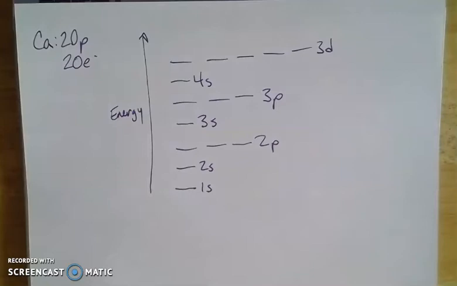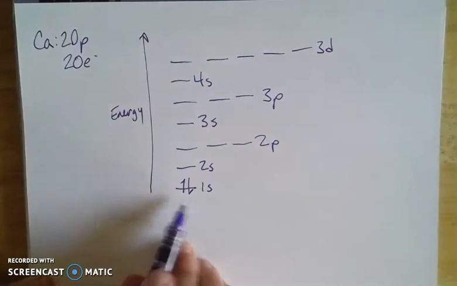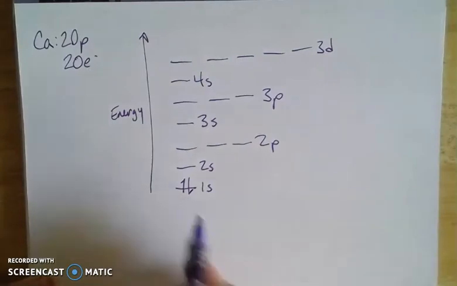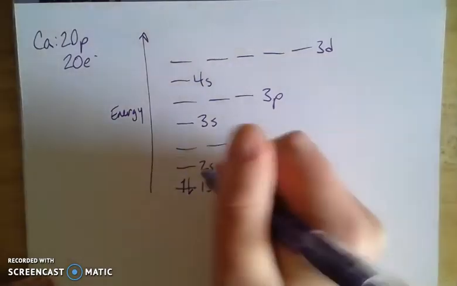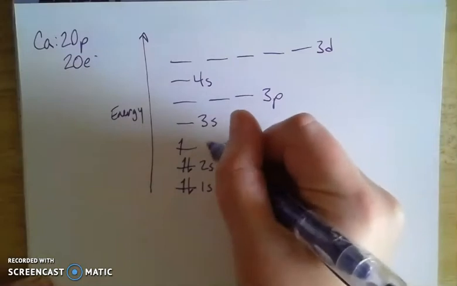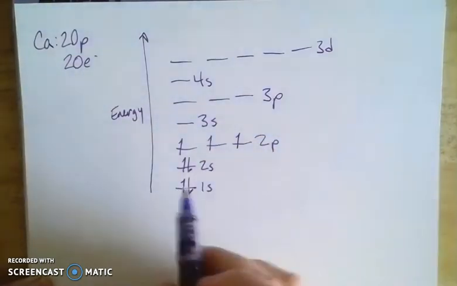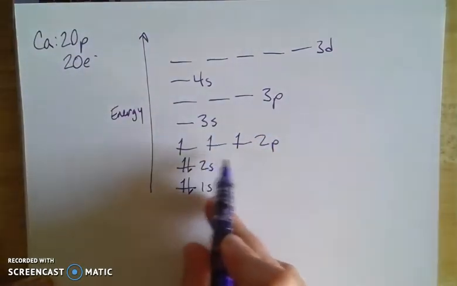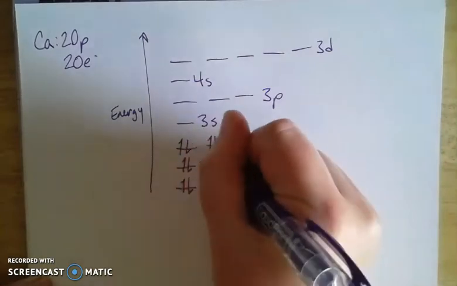Now, electrons like to be at the lowest energy possible, so we'll start at the bottom, and we can fill in 2 in our 1s. Each of these lines that indicates an orbital can hold up to 2. 2 in my 2s. I'm going to follow Hund's rule here. So 4, 5, 6, 7, 8, 9, 10.